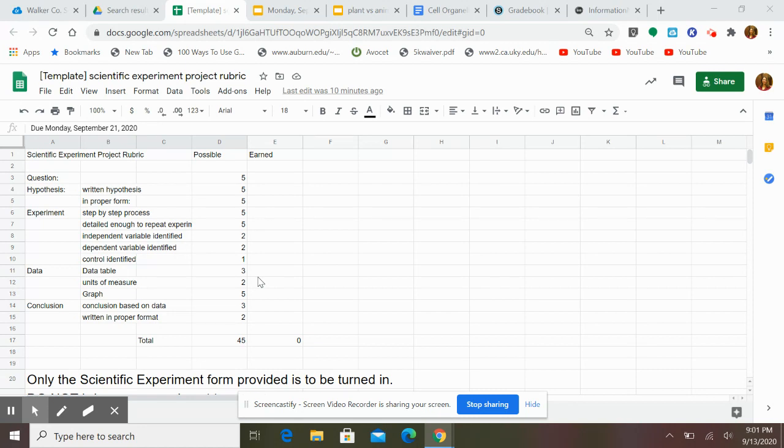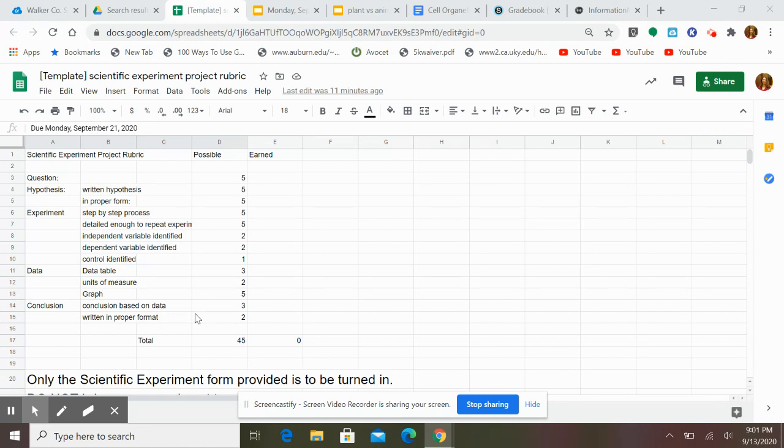Also, your conclusion should be in the form of an if, then, because statement. So it is basically going to be an exact copy of your hypothesis, except the actual data will be used instead of what you think the answer is. And you will end with because and try to give an explanation as to why your results ended that way.